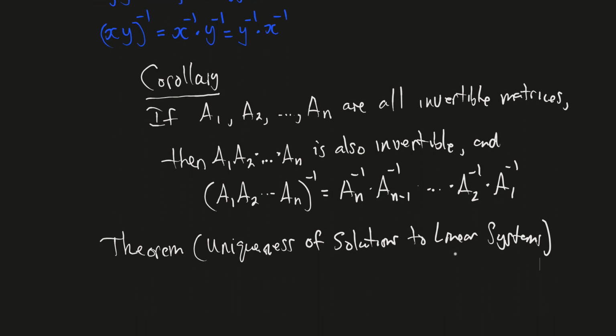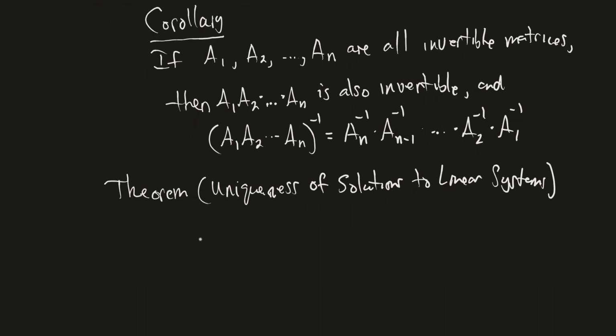The question is, let's say we have a system and our coefficient matrix is square, so we have the same number of equations as variables. It turns out that if the coefficient matrix is invertible, then you have to have a unique solution. So here's the theorem.